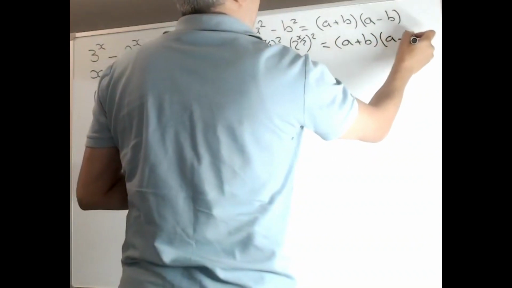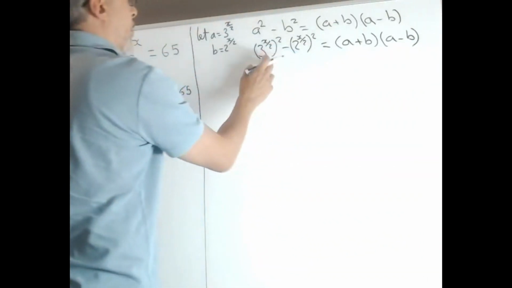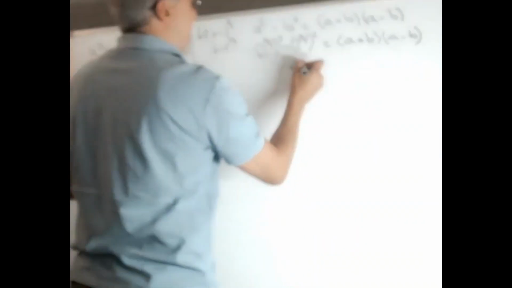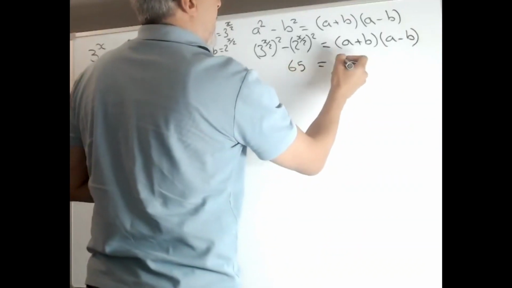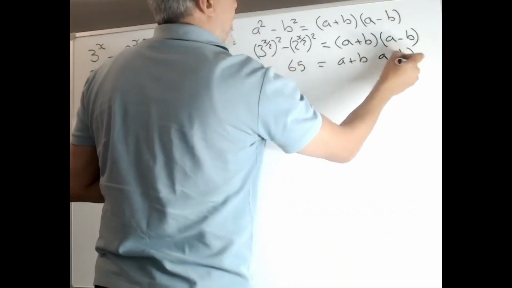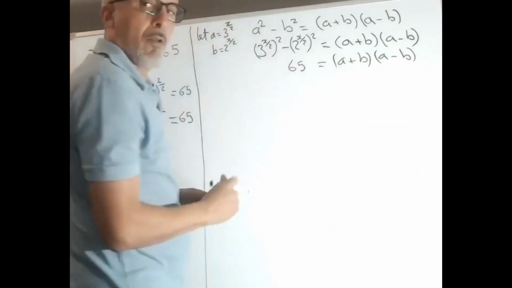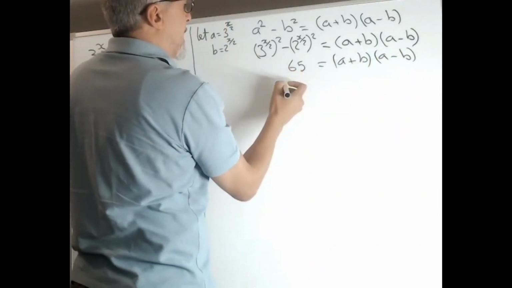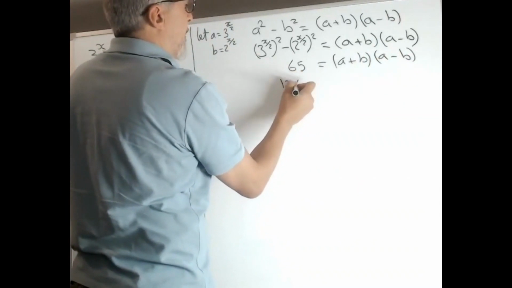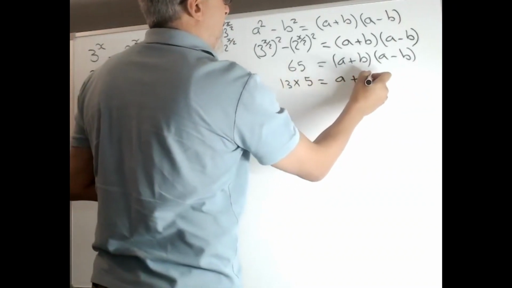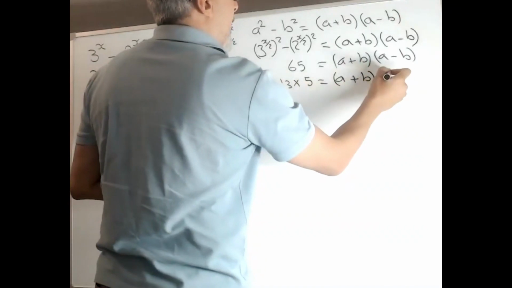a minus b. Now we know this here equals 65, so I'm just going to replace this by 65 equals a plus b, a minus b. All right, now what I'm going to do here, I'm going to change the 65 to 13 times 5, which gives me a plus b, a minus b.